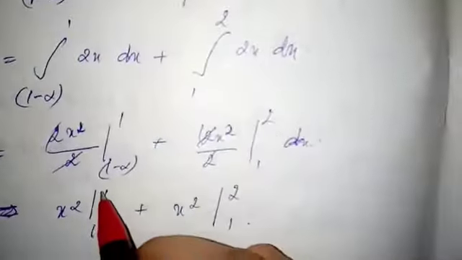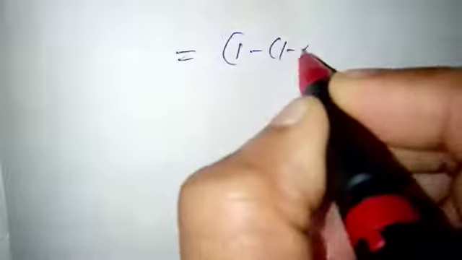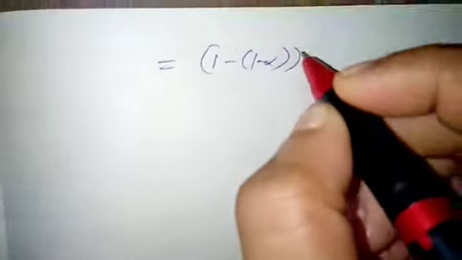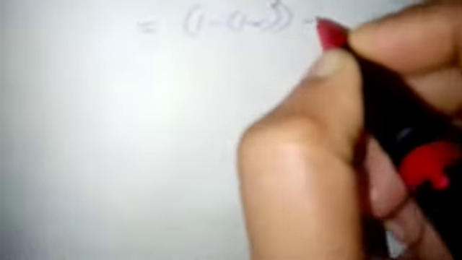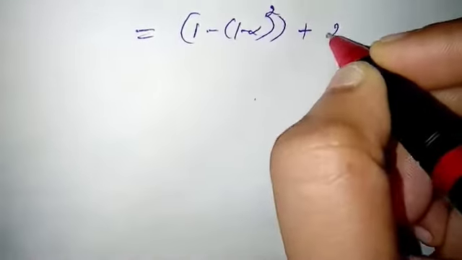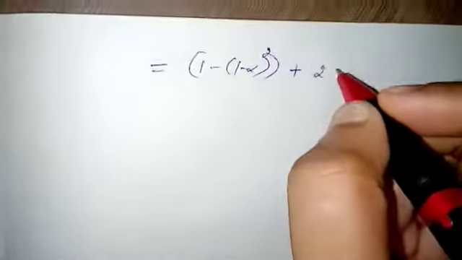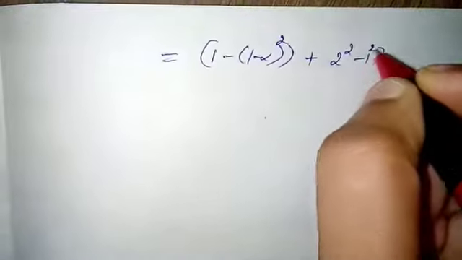Here we need to substitute these values: 1 and 1 minus alpha, 2 and 1. That is 1 minus (1 minus alpha) square, plus 2 square minus 1 square.